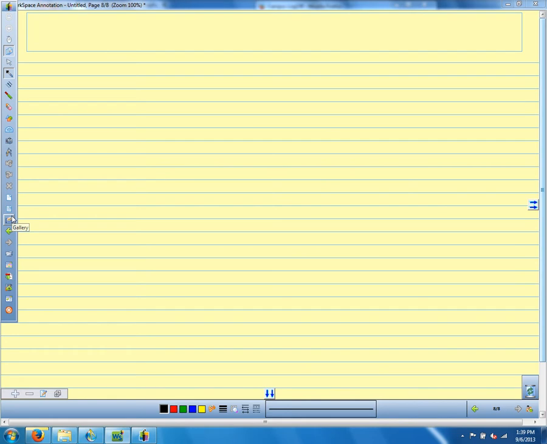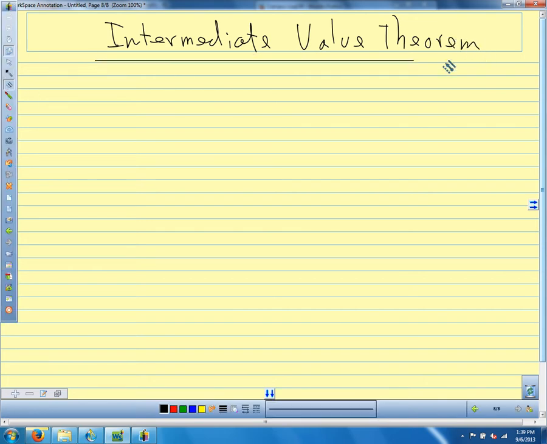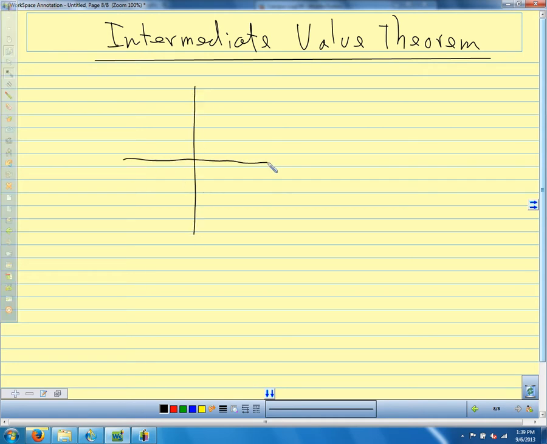All right, one last thing to talk about: the intermediate value theorem. The intermediate value theorem, if we draw a picture, makes total sense. So for the intermediate value theorem, we have some function, some polynomial. So there's my polynomial.